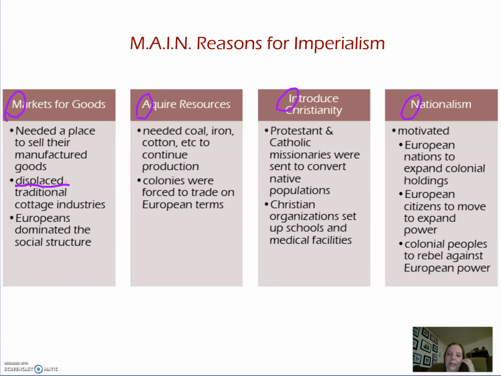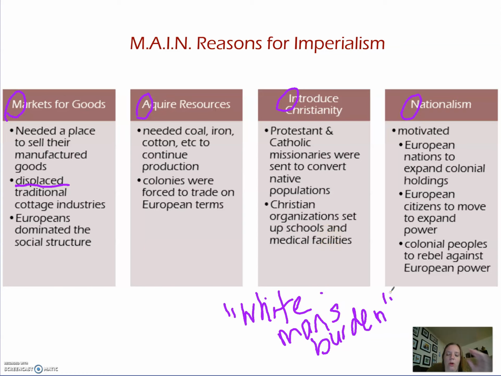Another reason for imperialism is to introduce Christianity. It's a fairly Eurocentric, Christian-centric, racist, honestly, system that comes about where people are encouraged to travel to Africa or to Asia or to Australia purely to spread the word of God and to circumvent the indigenous populations there.